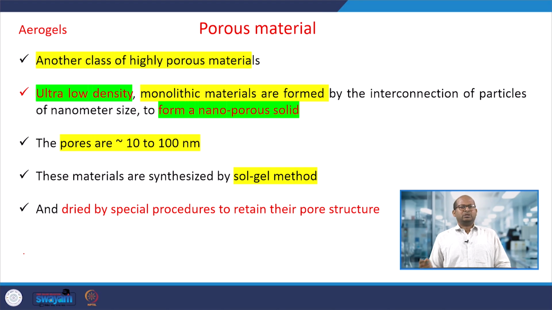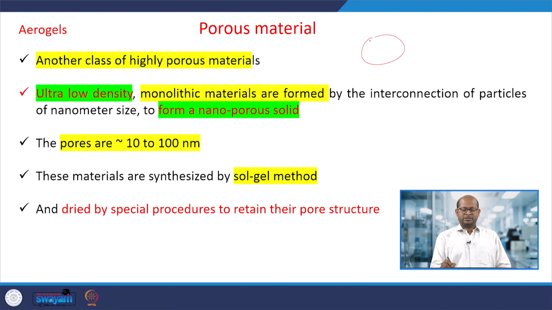Now the aerogel, as I said, is a porous material. It possesses very high porosity, and as a result the density of the material is extremely low, and its structure forms a monolithic type of material. It forms a nanoporous solid.